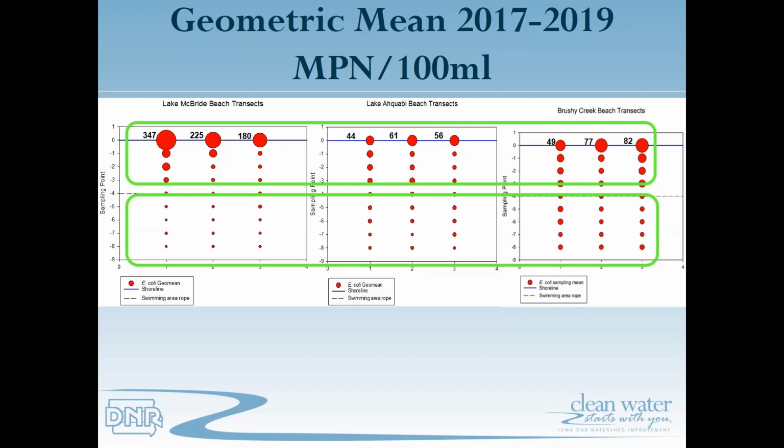And in all three of these systems, and with the other systems we've sampled in the past, there is definitely a statistically significant decline in the bacteria concentrations as you move into the open lake away from that near shore beach environment.